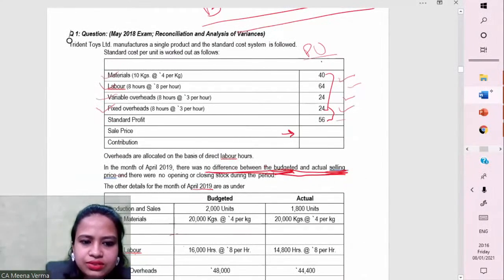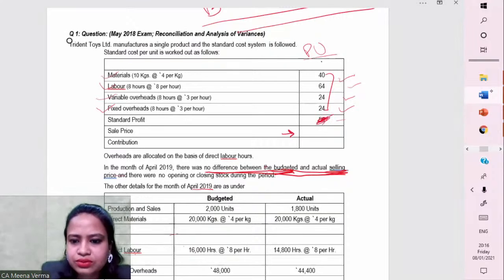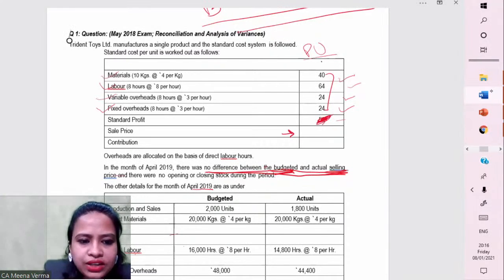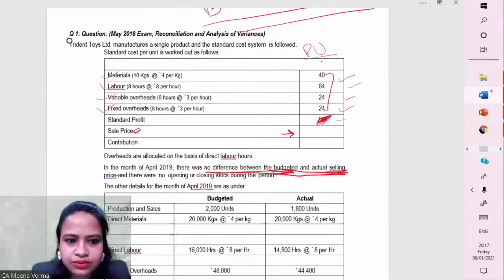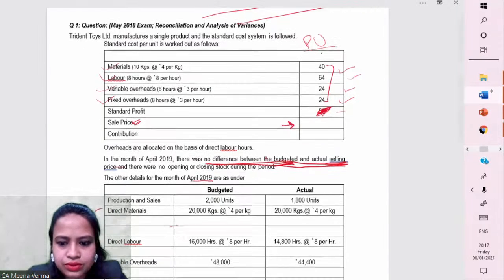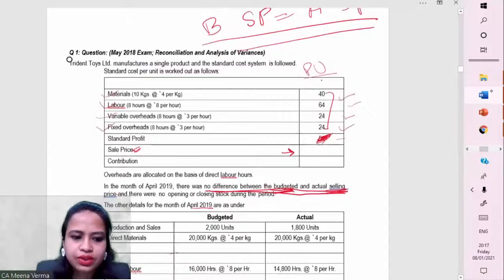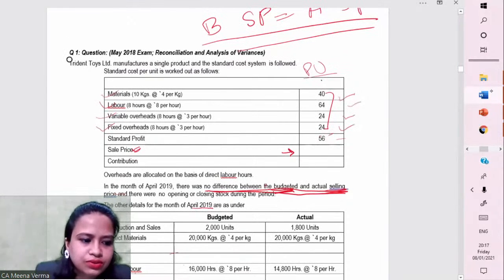What will we do to calculate this selling price? Standard profit is given.